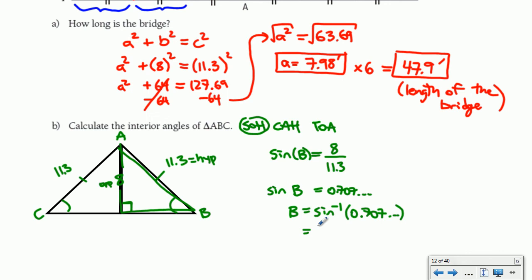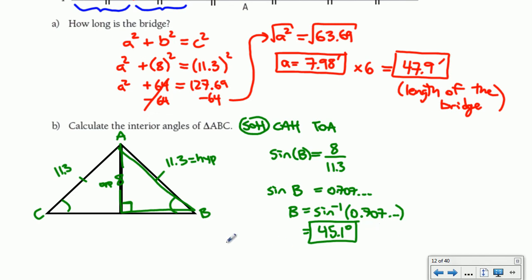So inverse sine of that is going to be 45.1-ish degrees to the nearest tenth. It gave me 45.069, so that would round to 45.1.